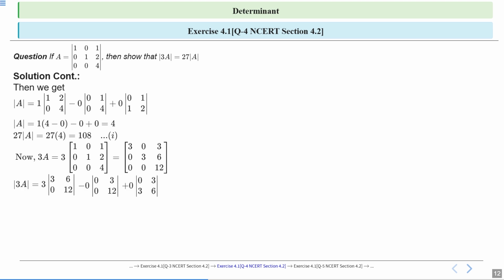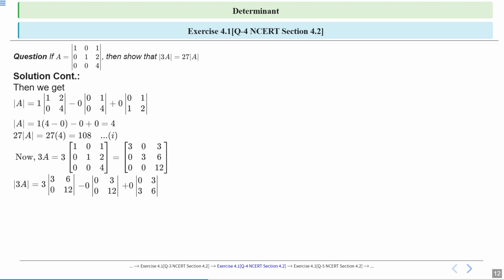Now we have to find the determinant value of this matrix. To calculate the determinant, at first we have to choose along which row or column we expand it, so that my calculation is easier.